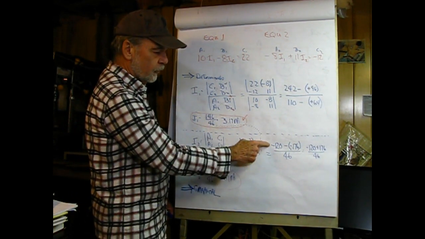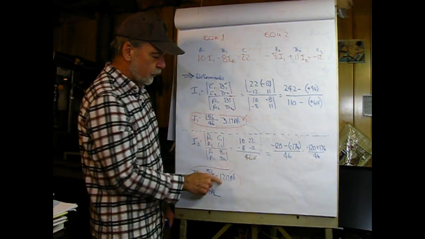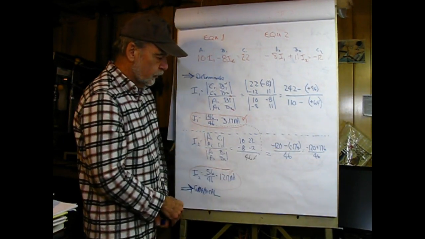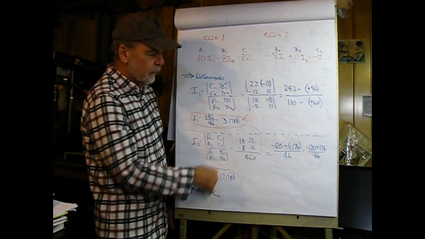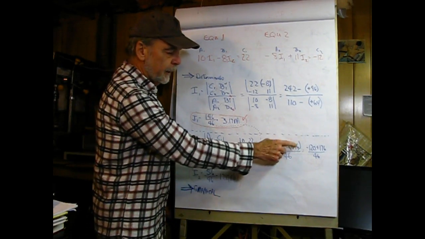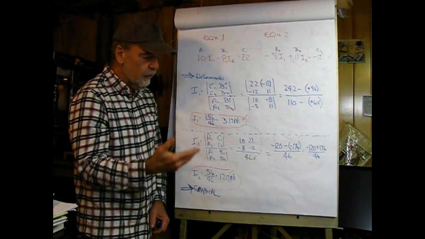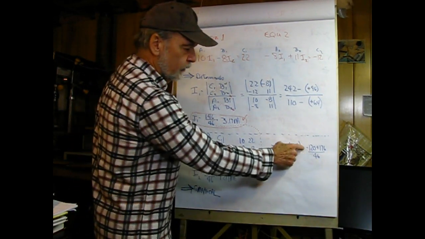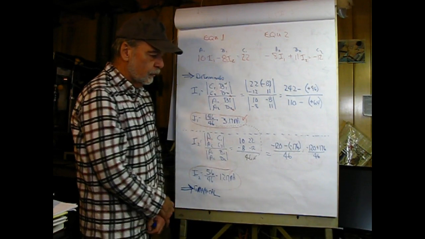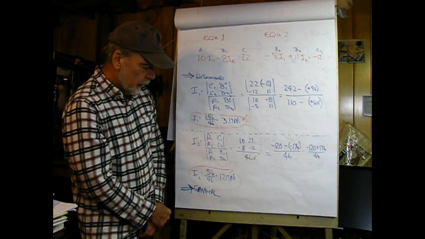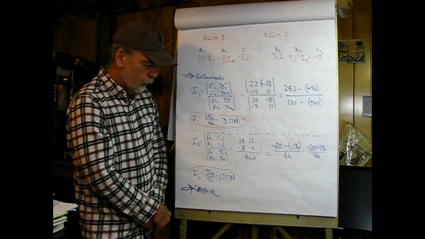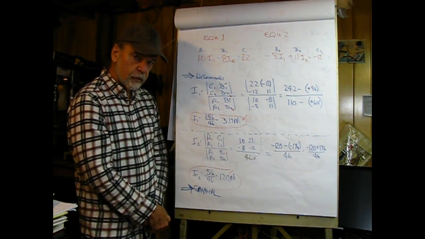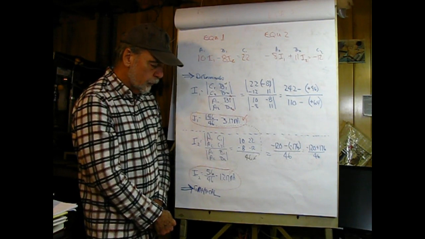That'll give us a negative 120 minus a negative 176. The 176 comes from negative 8 times 22. Again, parenthesizing, keeping the signs nice and clean, gives us a negative 120 plus 176 over 46, and combining that gives us 56 over 46, or 1.217 milliamperes, which is the correct value for mesh current number 2.